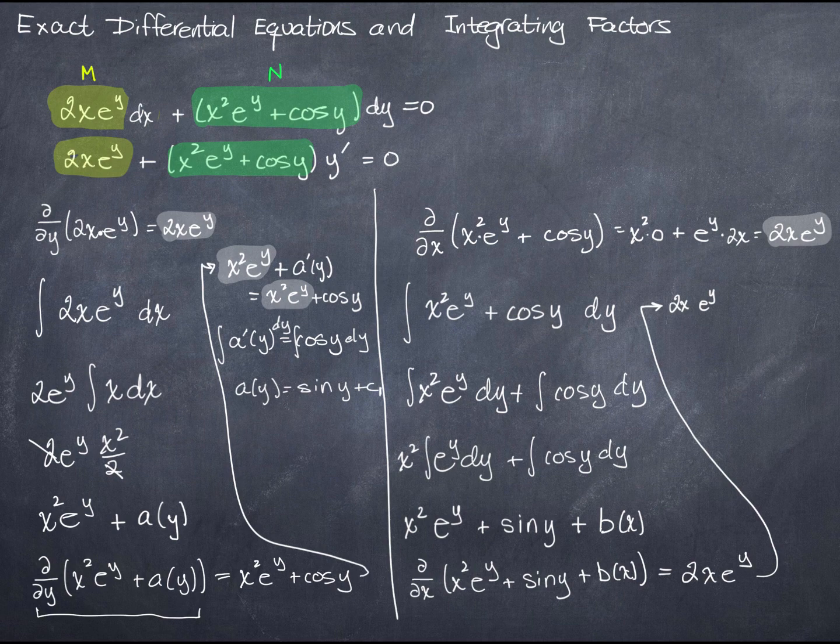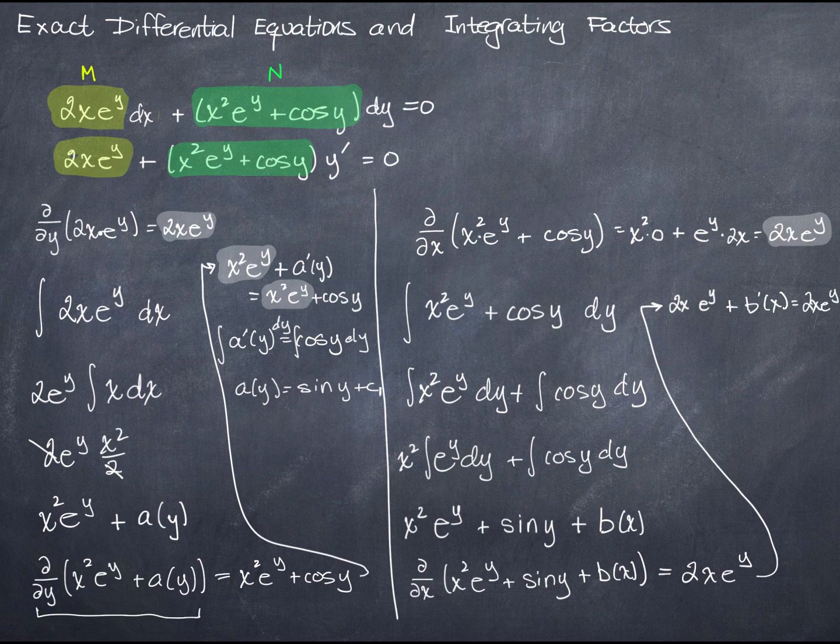That's the first term. I have the first times the derivative of the second plus the second times the derivative of the first. The second term is the sine of y, but with respect to x, which is how I'm differentiating, that's 0. And with respect to x, the derivative of b of x is b prime of x. I have plus b prime of x, and that has to equal 2x e to the y. Well, guess what?